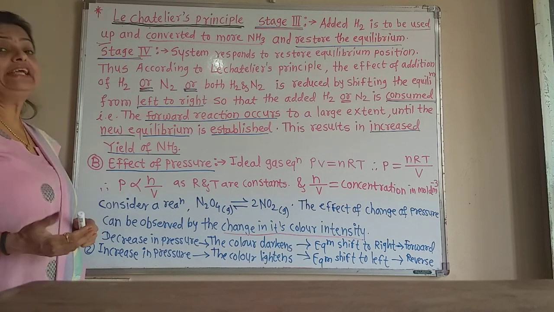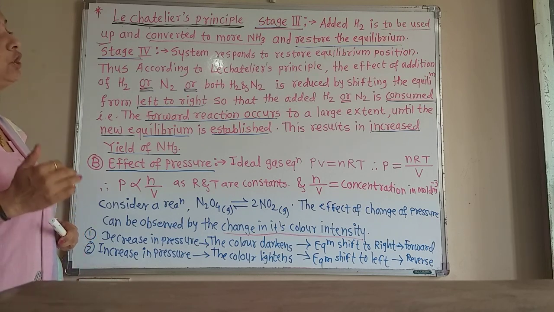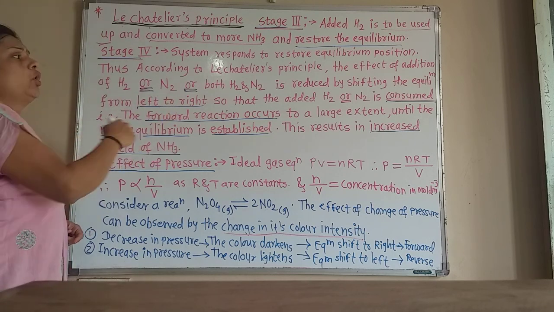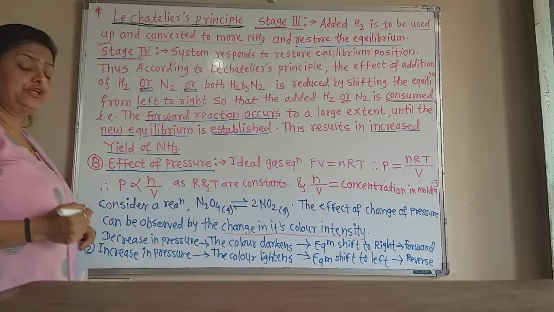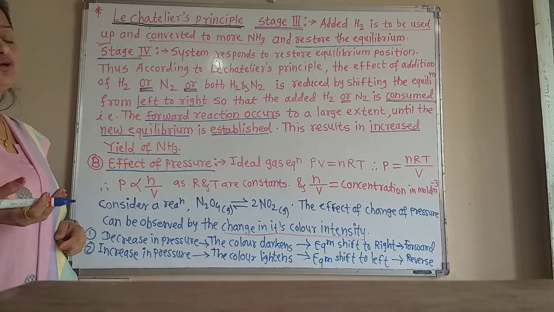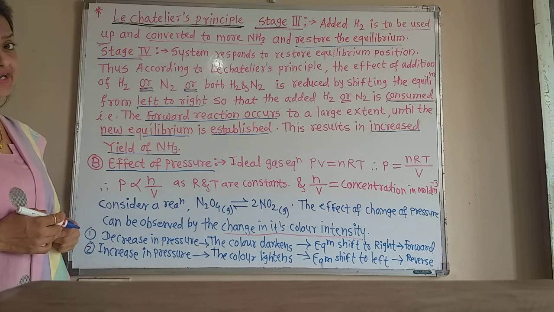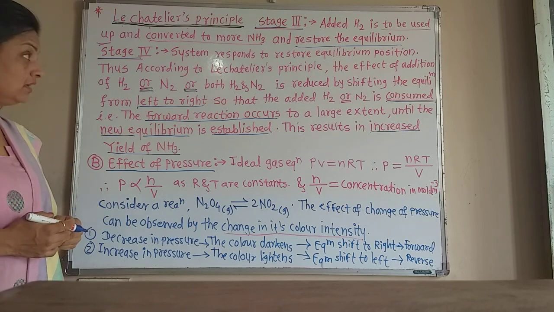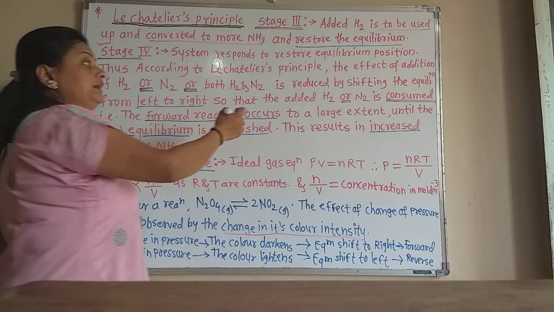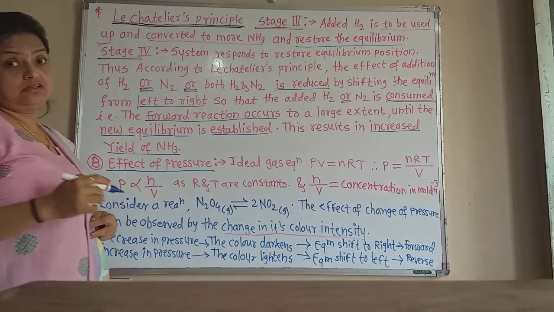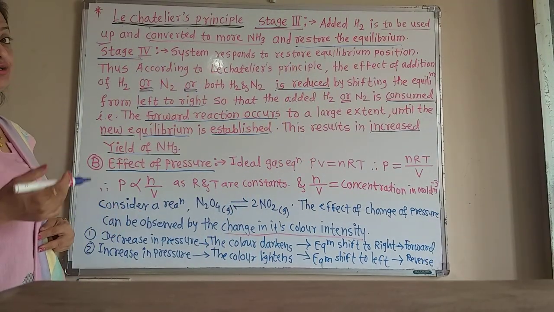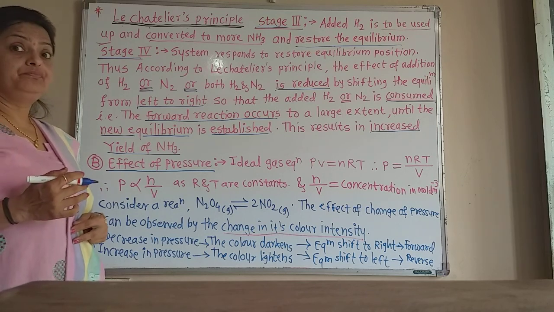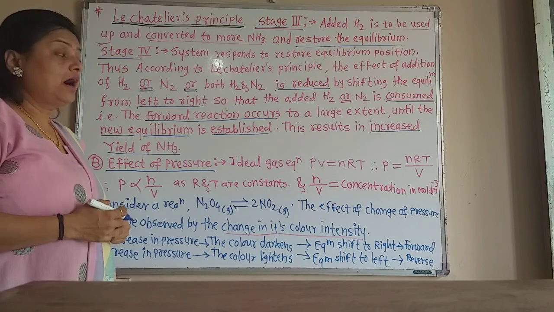Thus, according to Le-Chatelier's principle, when we add hydrogen or nitrogen or both, the system during equilibrium tries to regain it. The additional hydrogen or nitrogen or both of these gases is reduced by the system. How does it reduce?